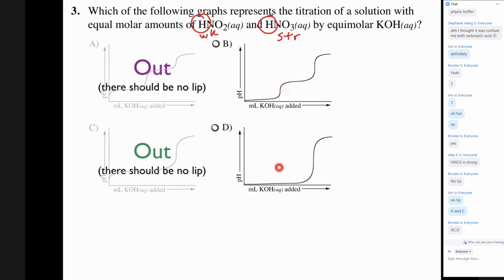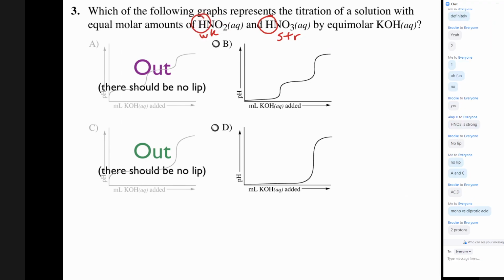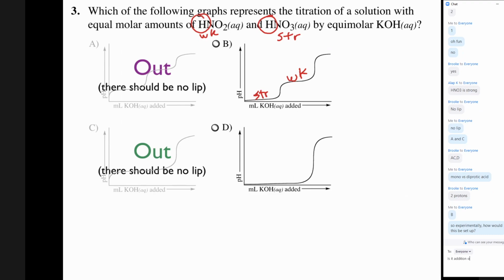Okay. How do I decide between these two then? I have a second proton. Which one shows the second proton? Mono versus di. Exactly. You have one proton for the first one, the strong one taken first, the weak one taken second. Best answer? B.